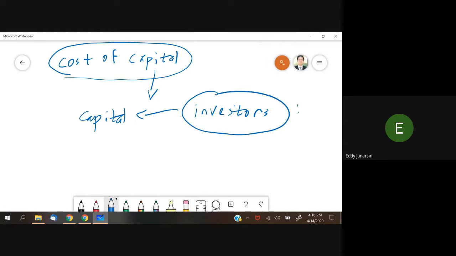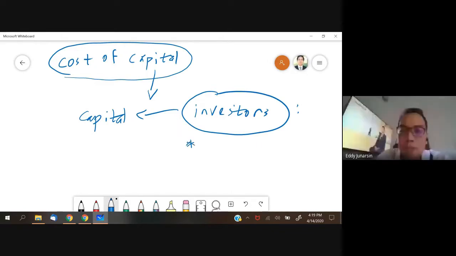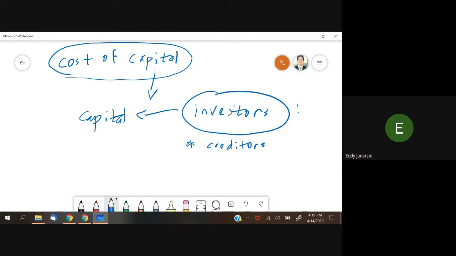So who are our investors? Our investors could be our creditors, could be owners, and all other things, right? But the most basic types of investors are creditors, so people who lend us money. We borrow money from those entities or people, right? We could borrow money from a bank.